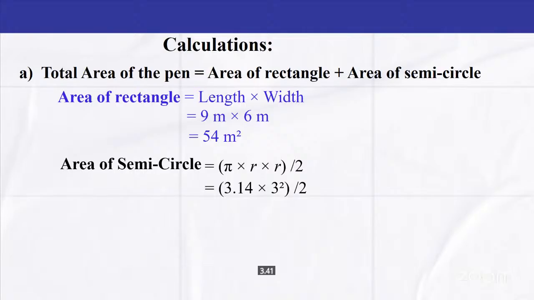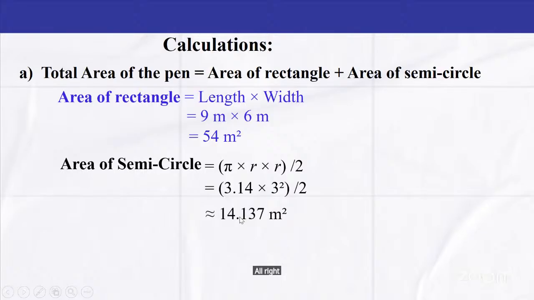3.14 times 3 squared, then we divide the answer by 2. All right, Janelle Cardis from Forest High School says, let me go back. And Janelle Ray says 14.13 meters squared.